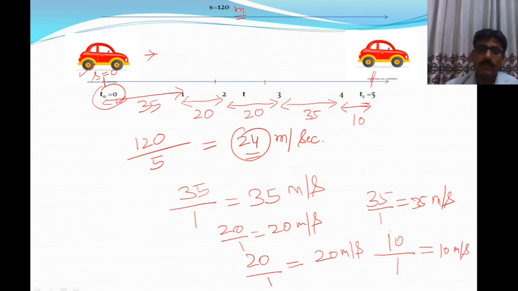The speed which we had earlier assumed as 24 meter per second, now we have a different conclusion: in the first second it is 35, in the second it is 20 meter per second, in the third 20 meter per second, in the fourth 35 meter per second, and in the last 10 meter per second.